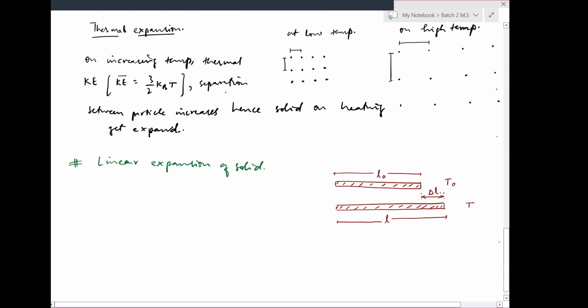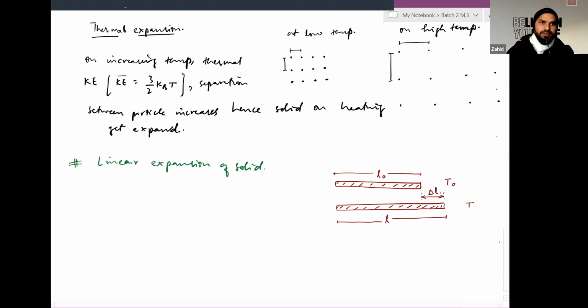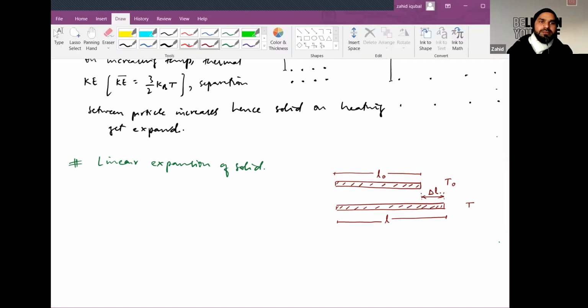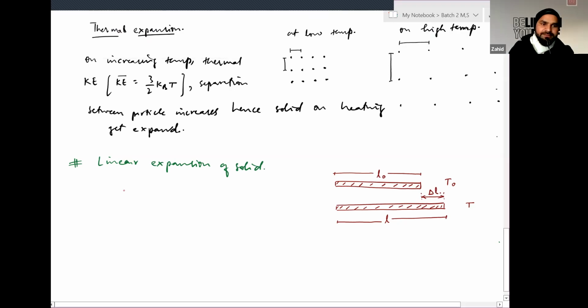Yes, sir. Now for this quantity, we may define a term called alpha, which is called the temperature coefficient of linear expansion.